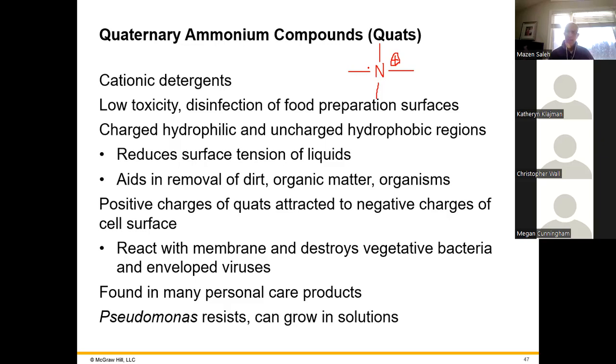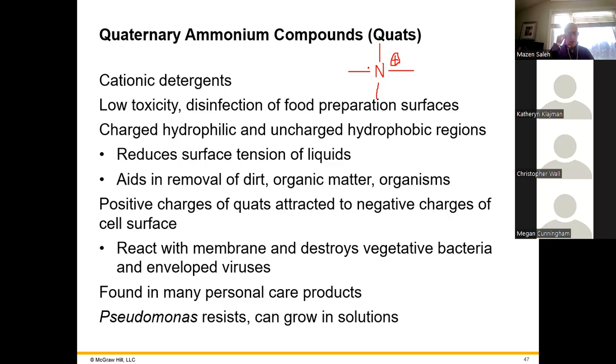It will solubilize lipids, thereby breaking up the cell barriers, and contribute to destroying the vegetative bacteria and envelope viruses. Now, naked viruses do not have envelopes. That's why they're called like that, which means that the detergents or quats will not really have much effect on the surface of the virus, which would be mainly protein in nature, in the absence of lipids.